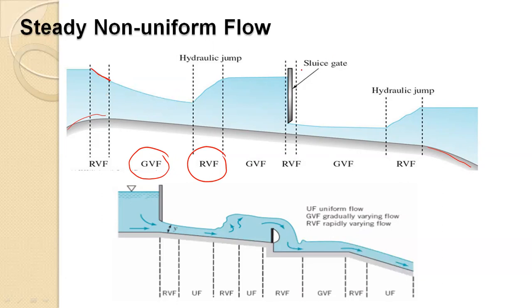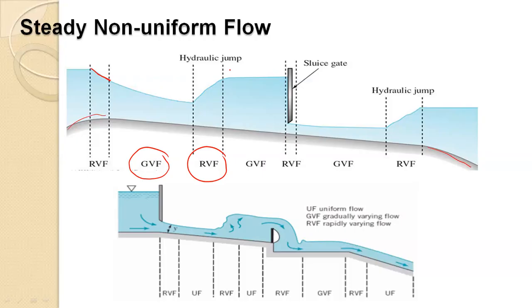And if you have a sluice gate like this, there can be a ponding effect on the upstream side, and that can lead to high water levels upstream of the sluice gate. Since the flow is coming at a high speed and then becoming a pond, there would be a transition which relates to a rapidly varied flow.